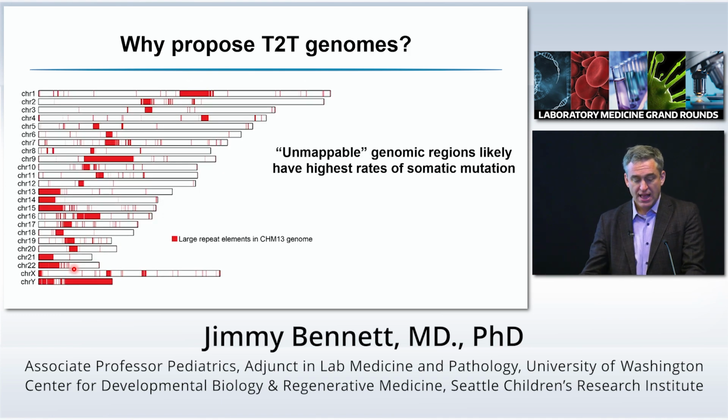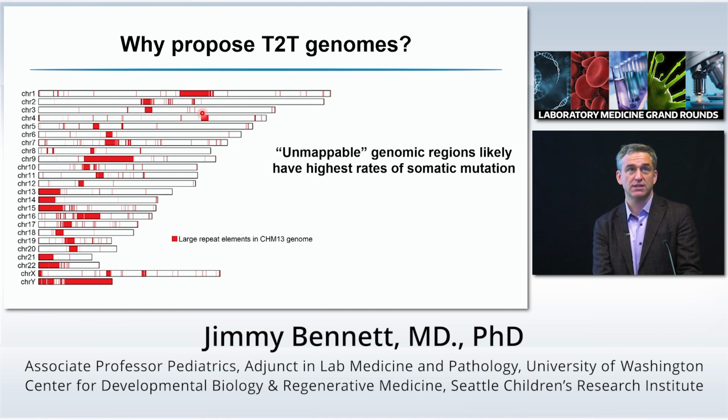So, and we proposed, obviously with the influence of Evan Eichler, to do complete telomere to telomere genomes under the thinking that the unmappable regions of the genome have some of the highest rates of somatic mutation. And so this is just a picture showing these large repeat elements, which were identified recently as a part of this telomere to telomere project.